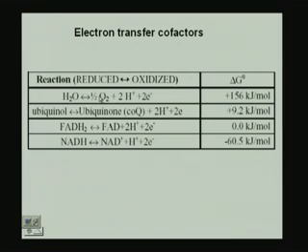Okay, so if I want to go from the reduced form, that is water, to oxygen, I would need this amount of free energy change. FADH2 to FAD plus 2H plus and 2 electrons is 0. NADH to NAD plus H plus and 2 electrons is minus 60.5.